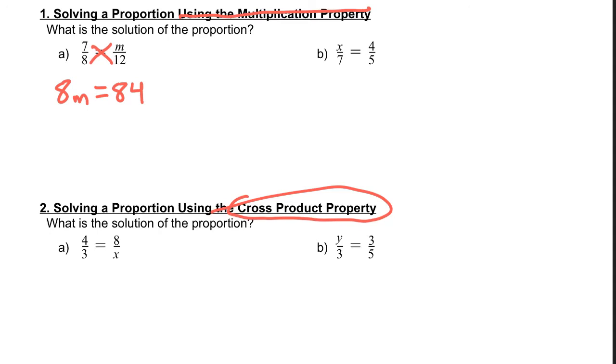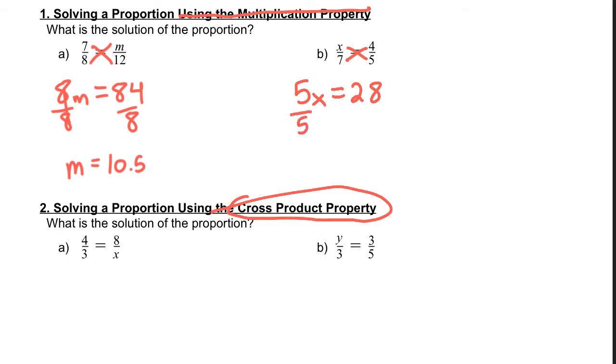So that creates an equation that's fairly easy to solve. Divide by 8 on both sides. So then m is 10.5. So in part B, cross products again, x times 5 is 5x. That is equal to 7 times 4, which is 28.